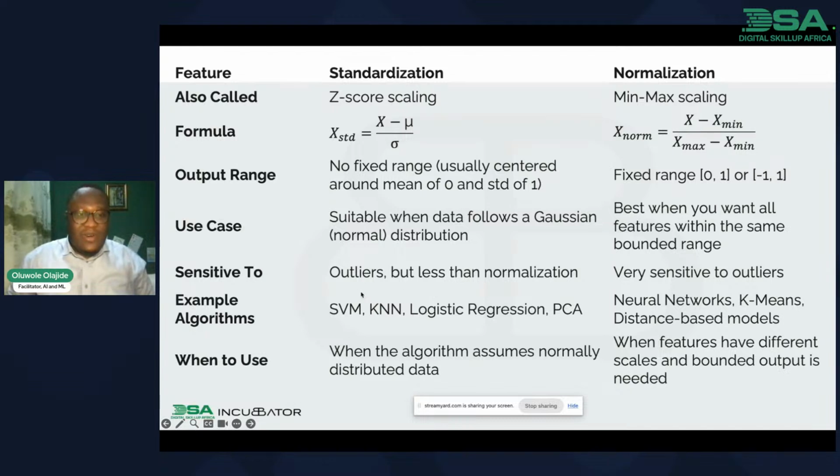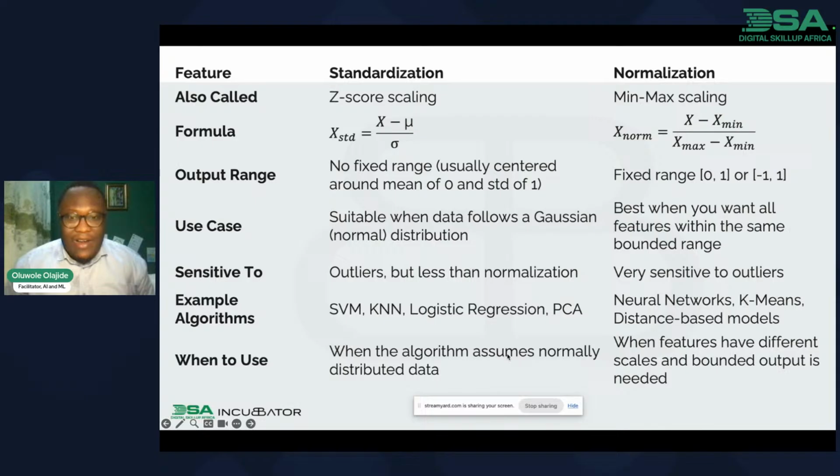For what we are doing now, when it comes to numerical data, we're going to be doing more of standardization for your machine learning models. But when we are going into deep learning and talking about things like images, distance in images, working with pixels, we now begin to talk about normalization.